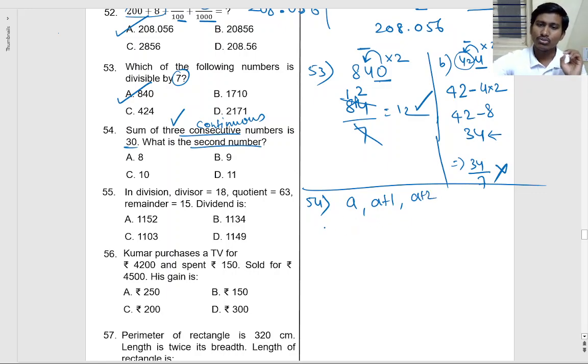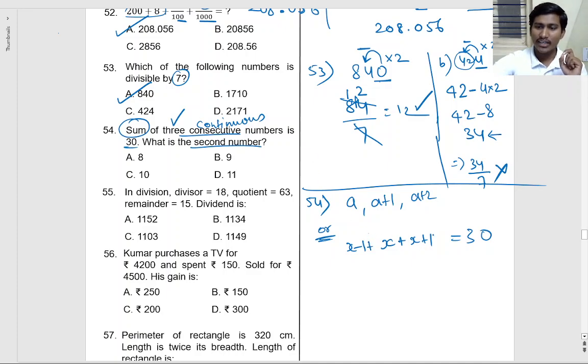But we will use one shortcut: we will write the middle number first. If I write x, the previous number, the predecessor, is x minus 1, and the next, the successor, will be x plus 1. They are telling us the sum is 30, so we add.